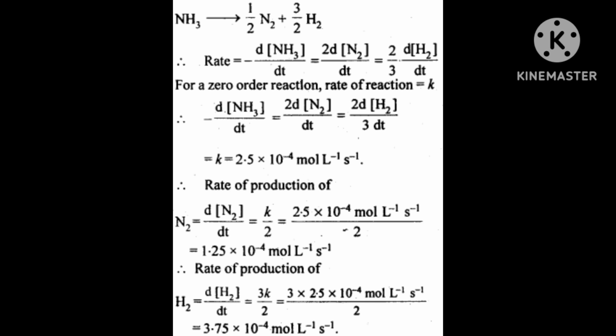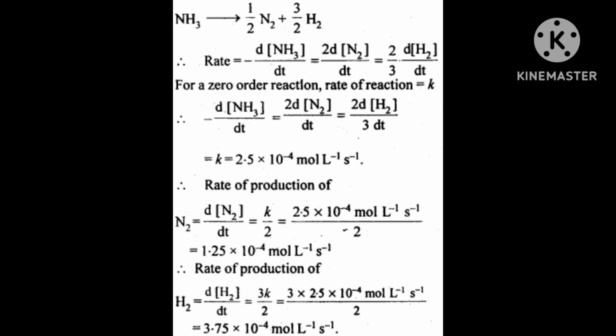And what will be the nature of the plot? If a graph of ln r versus time is drawn, then it gives a straight line, a first order straight line.